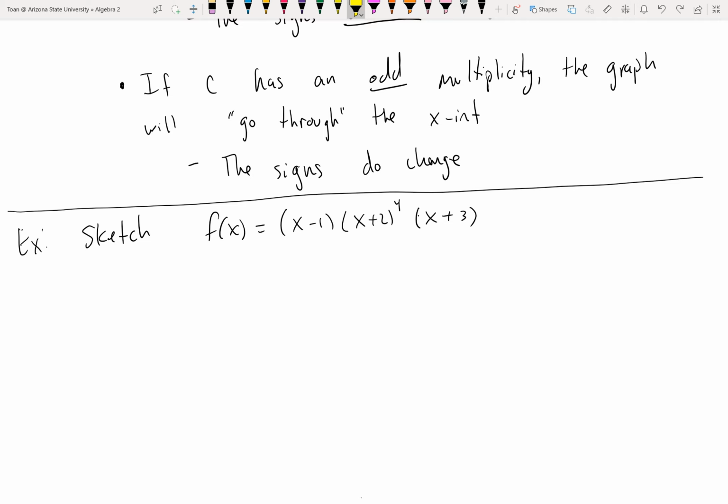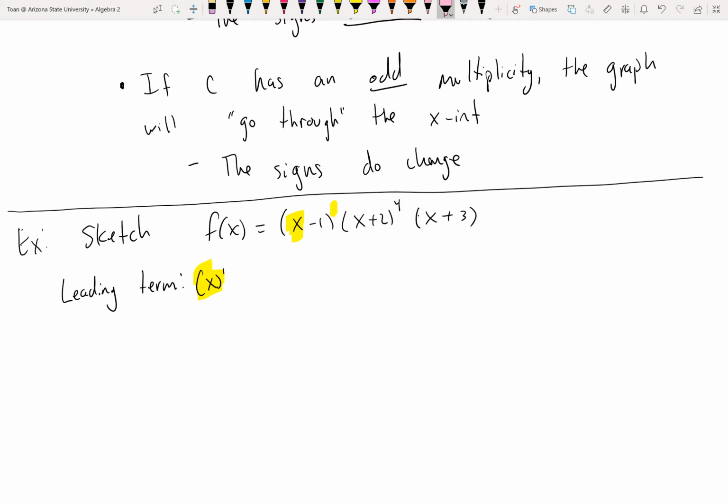So how do we do this? You only really need to look at the leading terms. The leading term is found by multiplying the first pieces along with the exponents. This is what I mean. In the first factor, we have x to the first power. So that's what I'm going to multiply, x to the first power.